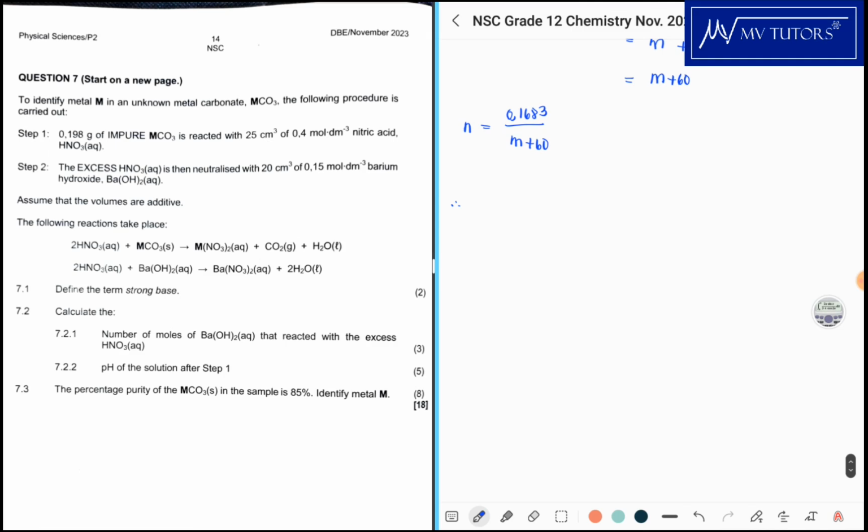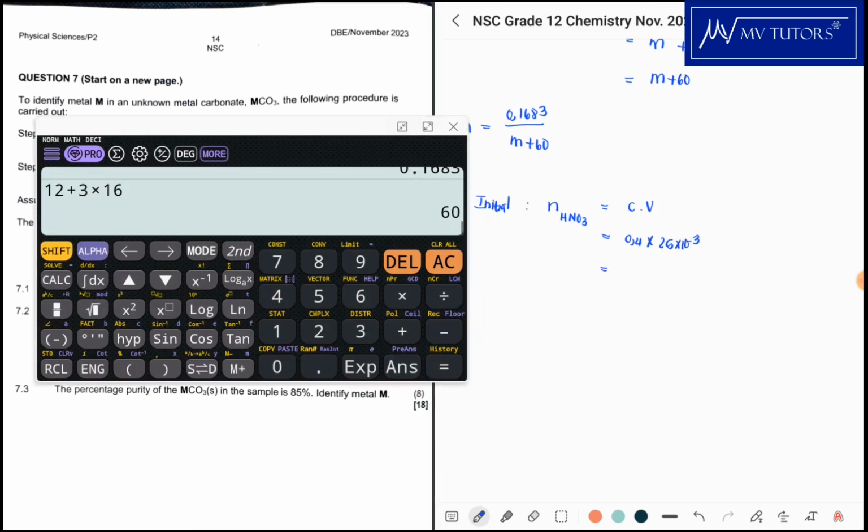Now, when it comes to what happened, we know that initially, under initial conditions, the number of mole for our nitric acid, which is the concentration times the volume, the concentration was 0.4 and the volume was 25 times 10 to the negative 3 cubic decimeters. So 0.4 times 25 times 10 to the negative 3 gives 0.01 mole initially of nitric acid.